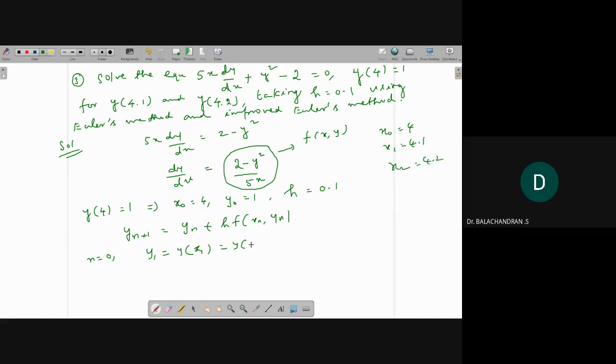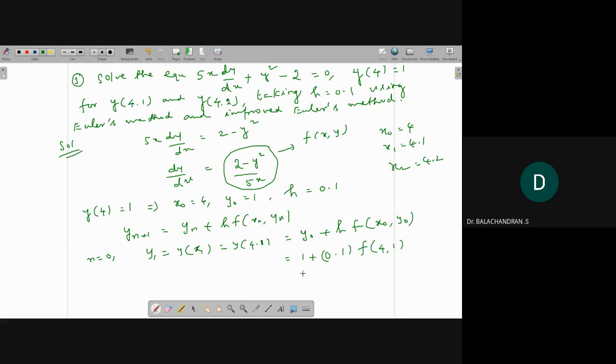So y of 4.1 is equal to y0 plus h into f of x0 comma y0. y0 is 1, h is 0.1, x0 is 4, y0 is 1.